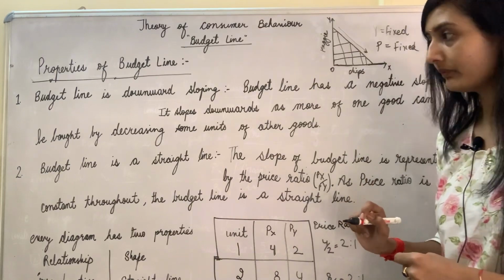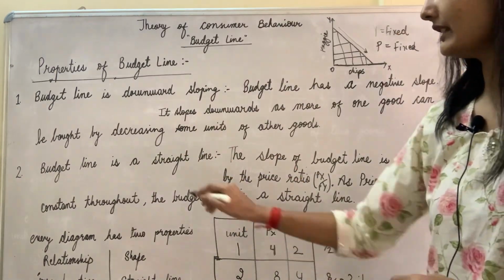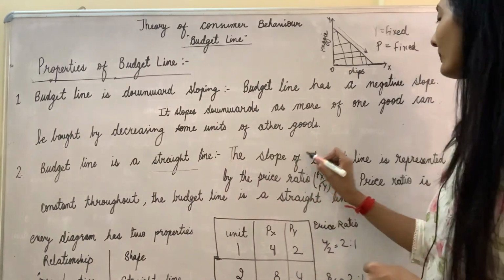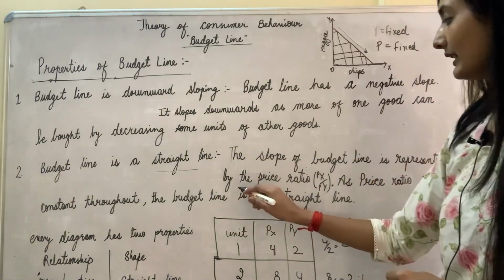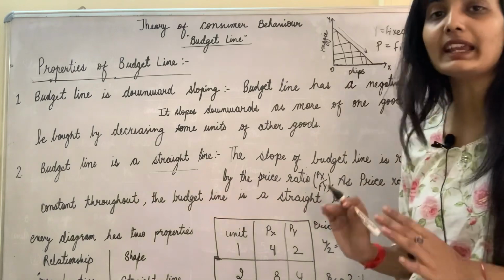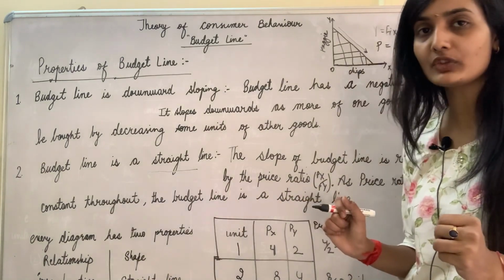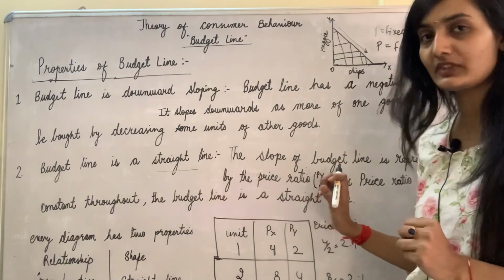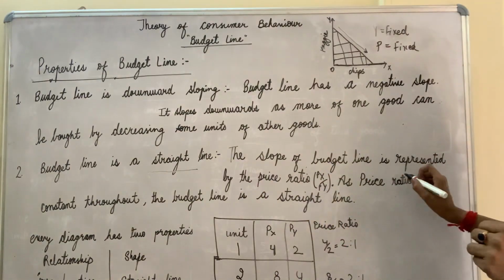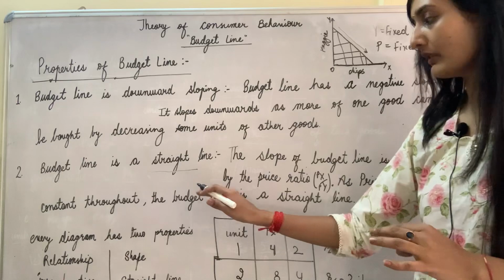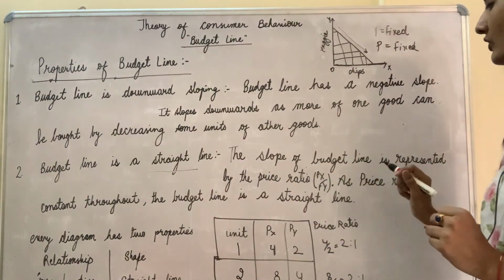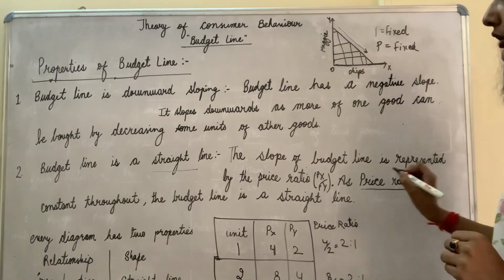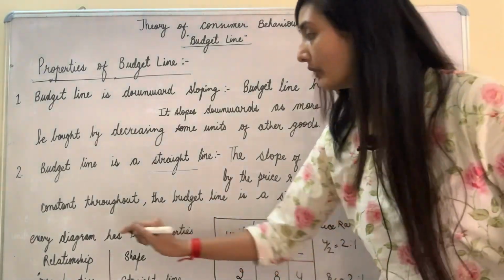Second, budget line is a straight line. The slope of budget line is represented by the price ratio. What was the price ratio? Gain by loss is represented by the price ratio. As price ratio is constant throughout, the budget line is a straight line. Here we need to understand that price ratio will be constant throughout.